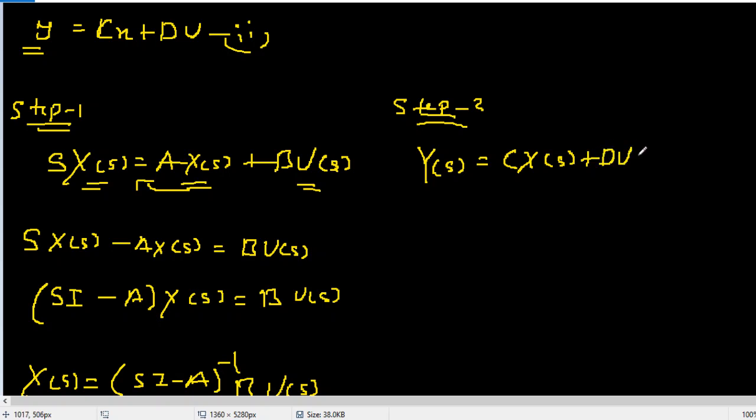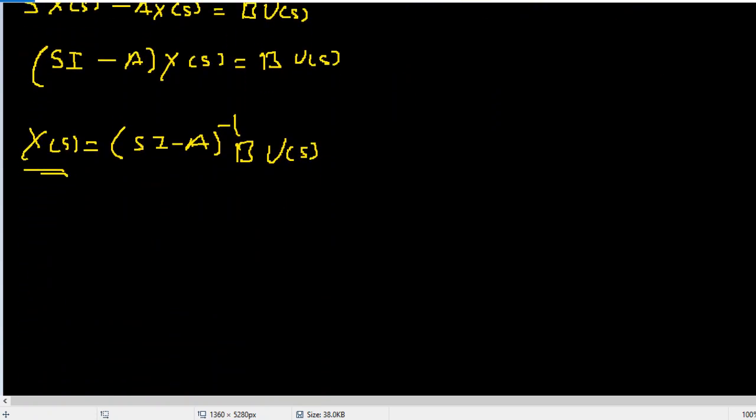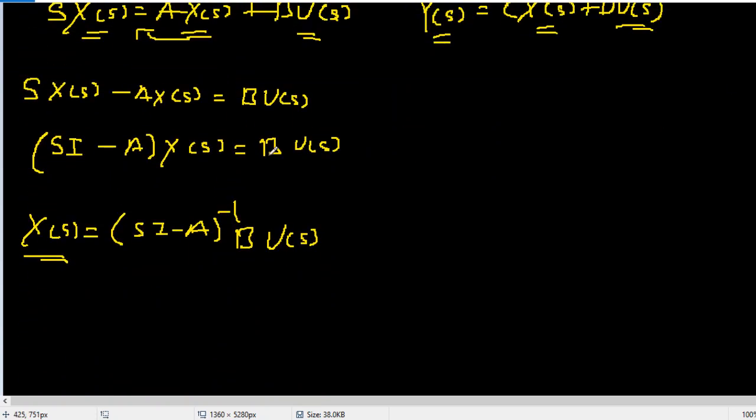Here we are having X, and here s, here U. This is the input side equation. Now we have X in this term, and this is the X term.